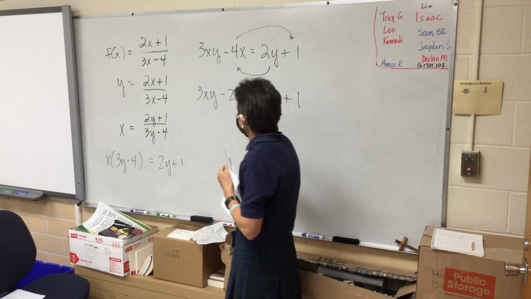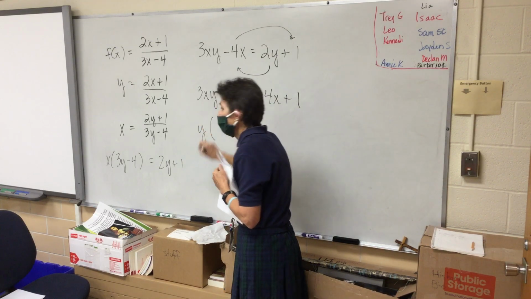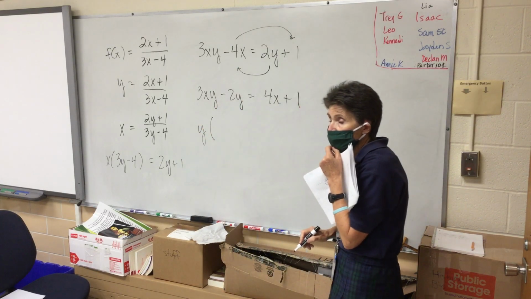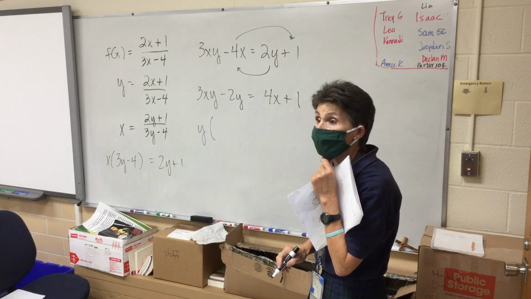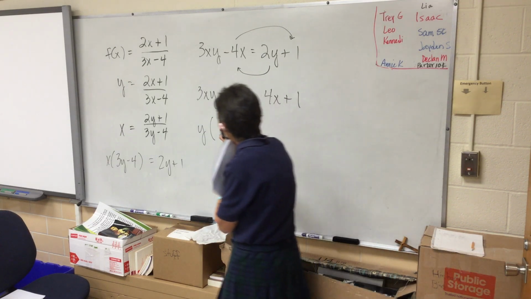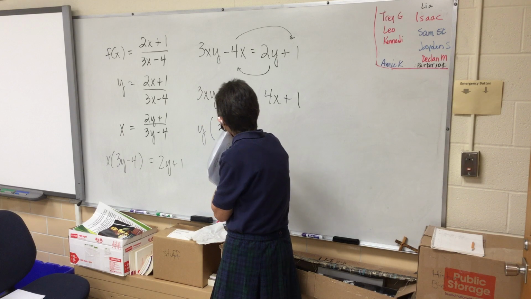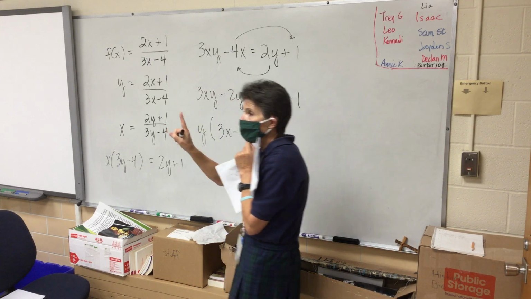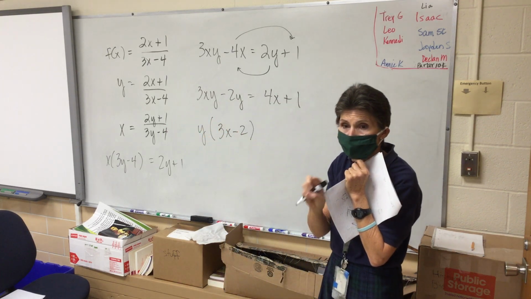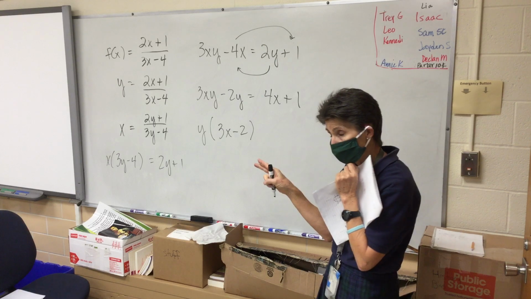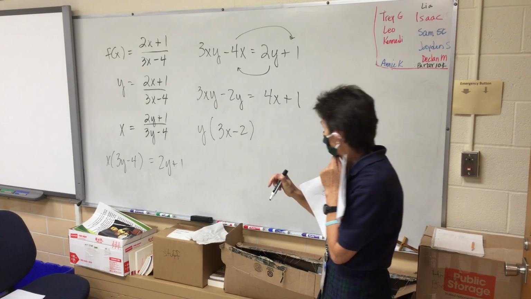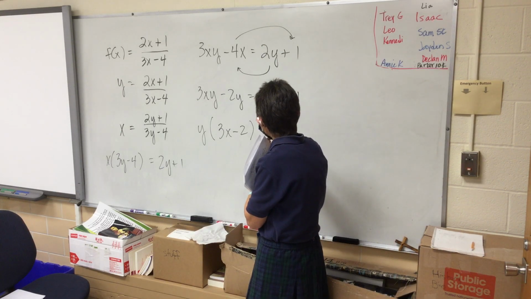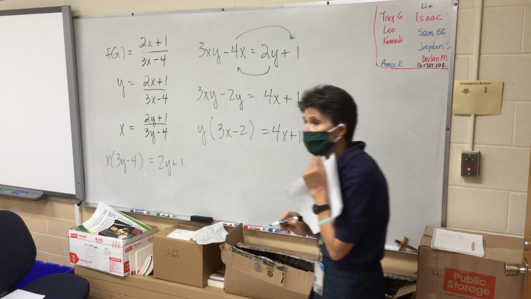Now I'll factor out the y. And notice when I factor out the y, now there's only one y in the problem. Instead of 2 y's, like I had before, now there's just one. Any idea what the last step will be to do?